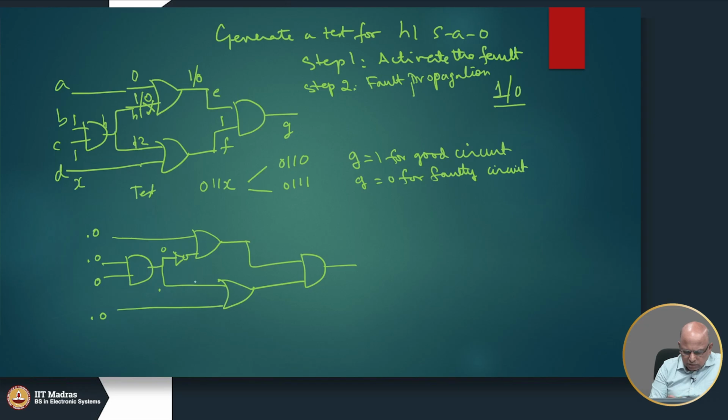The stuck at 1 fault at this input is equivalent to the stuck at 1 fault. So, I can eliminate the stuck at 1 fault here, but that is the same as a stuck at 0 fault here. So, I eliminated the stuck at 0 fault here. Okay.